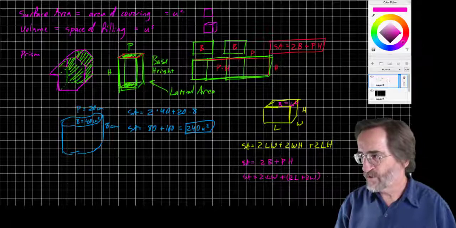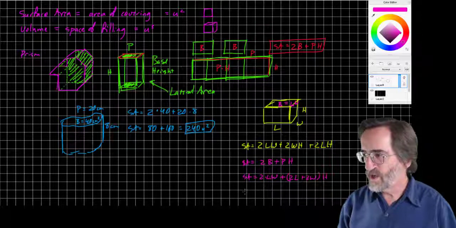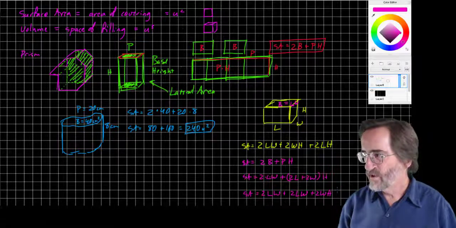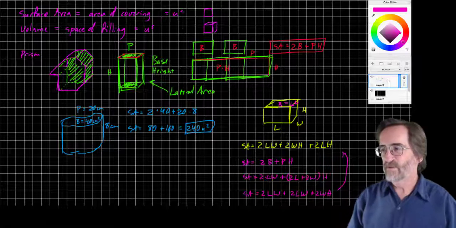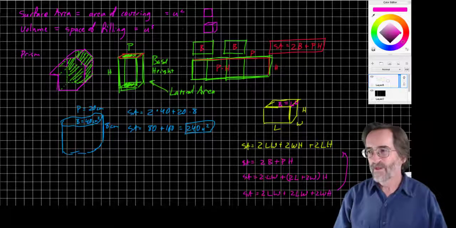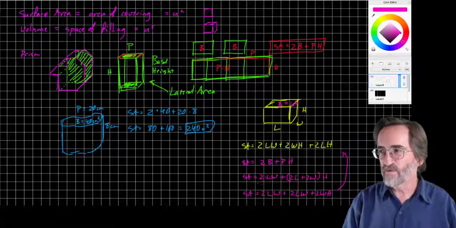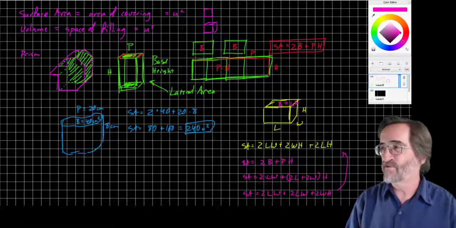That's the perimeter. And times the height. And if we distribute the height, we get, look at this, 2 length width plus 2 length height plus 2 width height. We get the same formula. The order is a little bit different, but order of addition doesn't matter. Okay? So just so you know, it does work. If you want to use the old formula for a rectangular prism, that's perfectly fine.